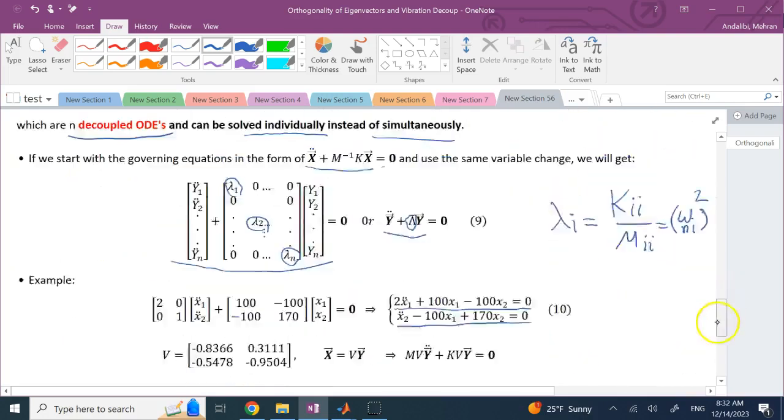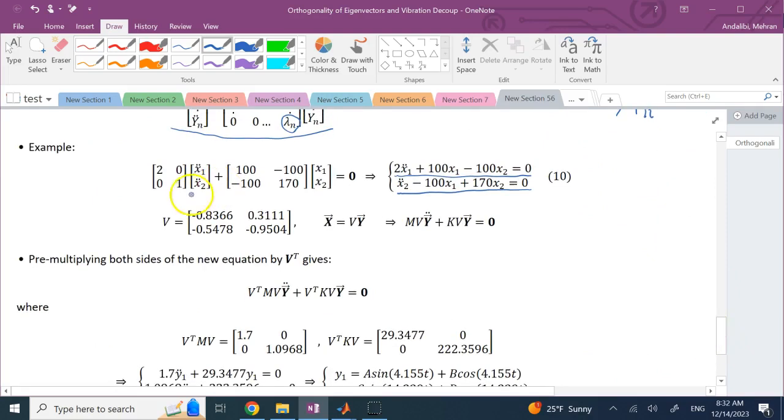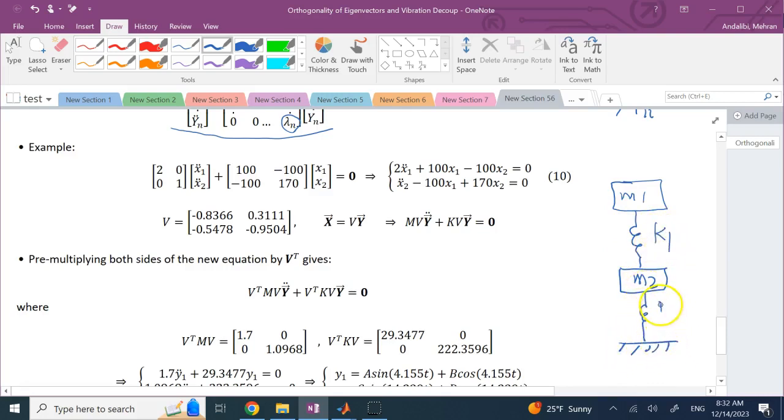That's the same thing. So now let's look at an example. Here we start with the system that we had in the previous video. It was a 2DOF system, right? You had mass m1, then a spring k1, then m2, and then k2, attached to the ground. And we had some values for m1, k1, m2, k2.